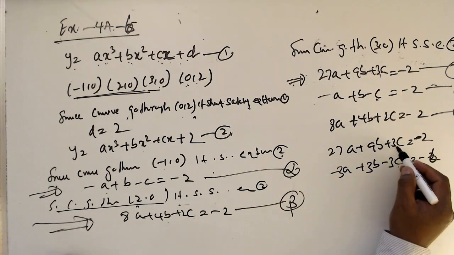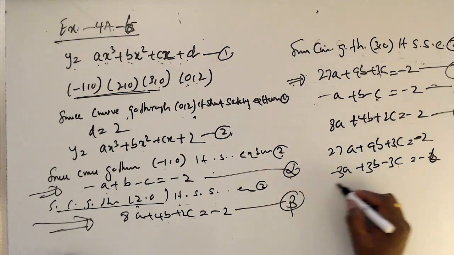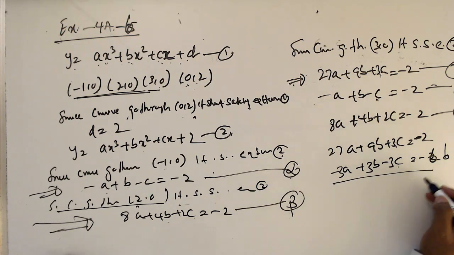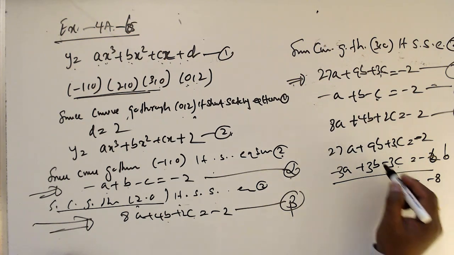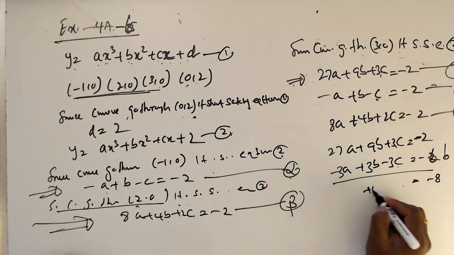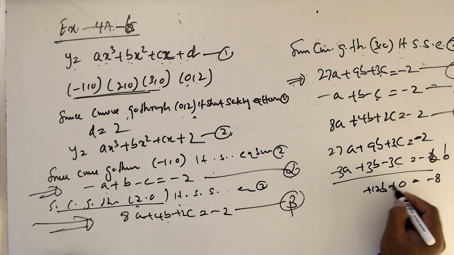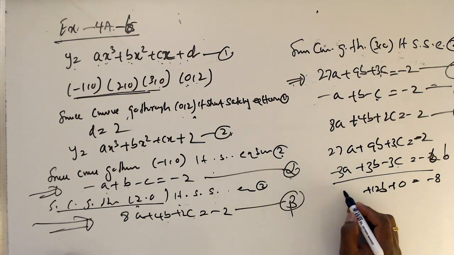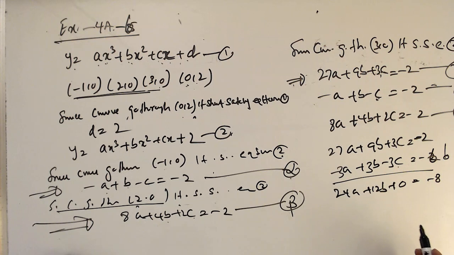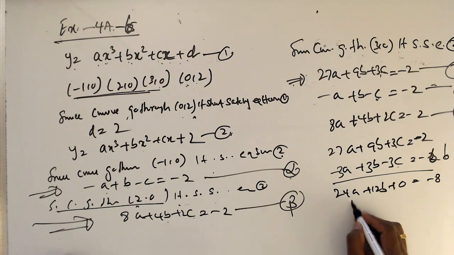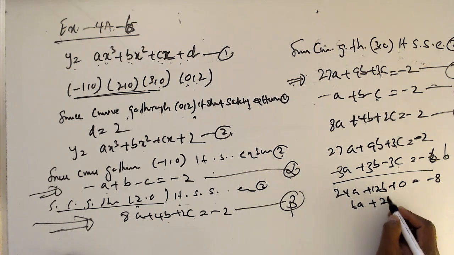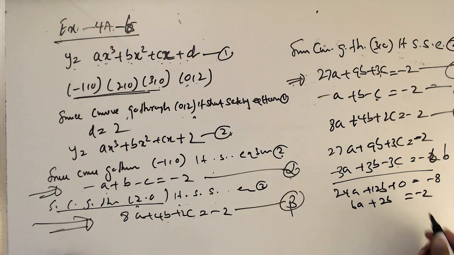Now I made this one equal. Now I can add those two together. This is going to be minus 8, the C cancels out. This is going to be 12B plus 24A. Then I can divide everything by 4: 6A plus 2B equals minus 2.